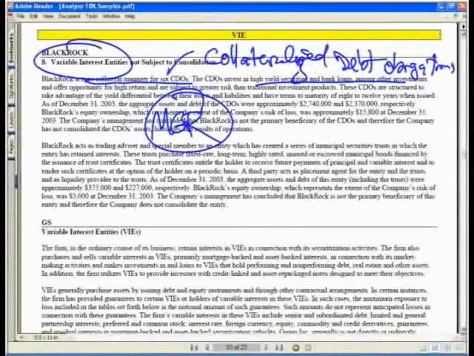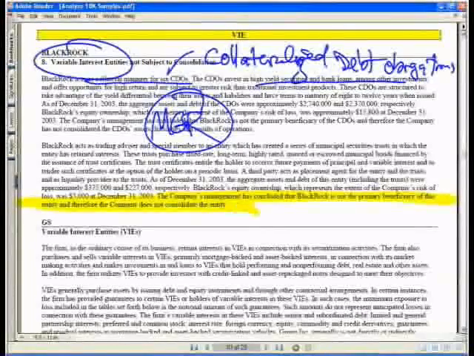But as we know with the structure of a collateralized debt obligation, it's a pool in which other investors buy into this pool of securities. And therefore, they are in fact the actual primary beneficiary of the profits and losses. Therefore, we see here the company's management has concluded that BlackRock is not the primary beneficiary of this entity, and therefore they did not consolidate the entity.